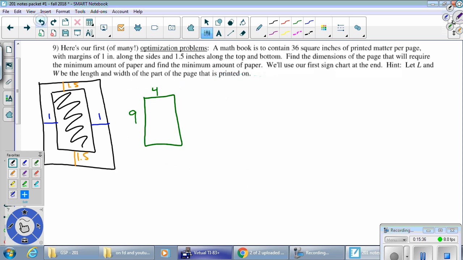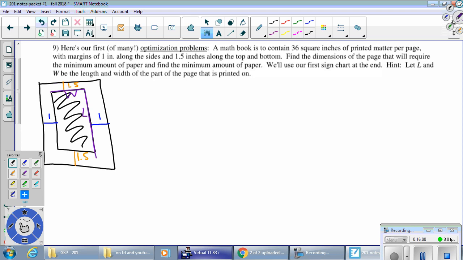Okay, so the hint is that we are going to let L and W be the length and width of the printed part, not the outside page, but just the inner page. And so we'll say that W is that part there, and then L is this part over here. So L there, W there. So let's go ahead and use our definitions. In fact, we don't need to, but it says it there.